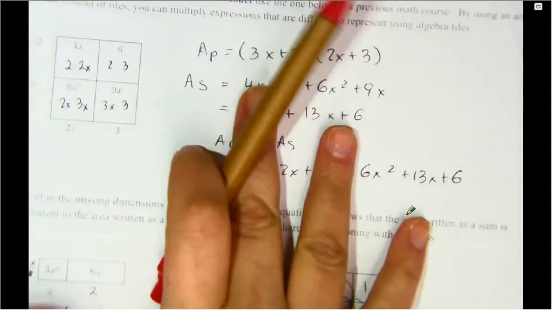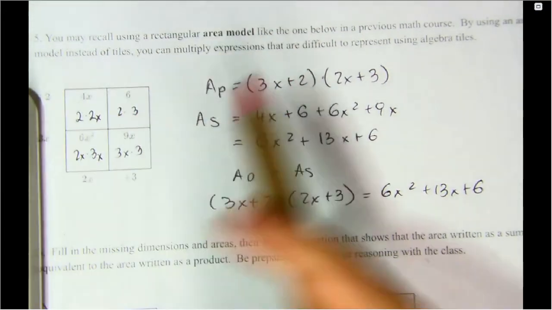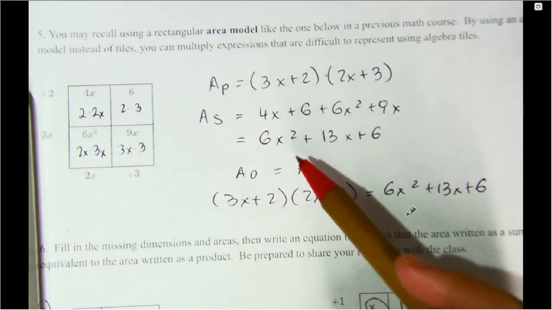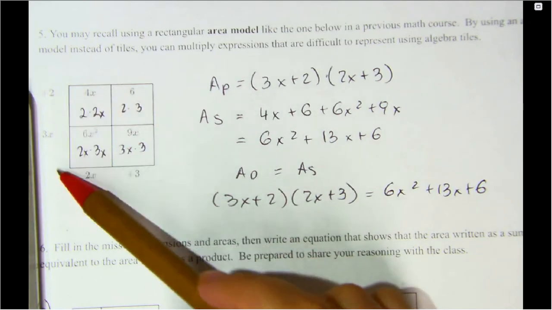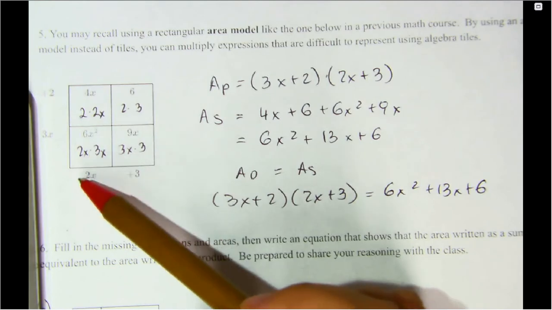Okay, so the next part of this is we're going to simplify a little bit. We're not going to be dealing with tiles all the time, okay? We're going to be dealing with a simpler form. So we have this, it looks like a square. It can also be a rectangle. It doesn't really matter.